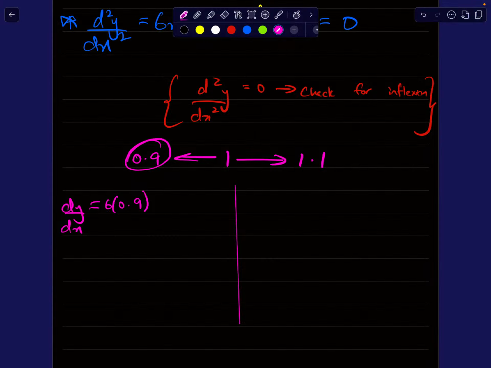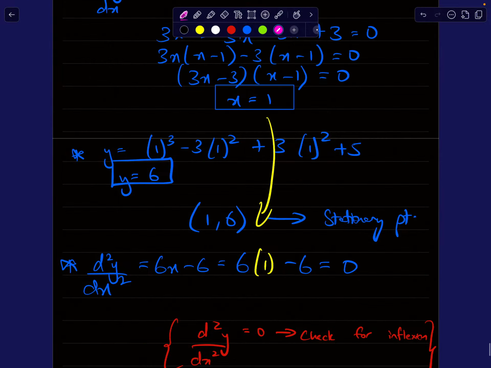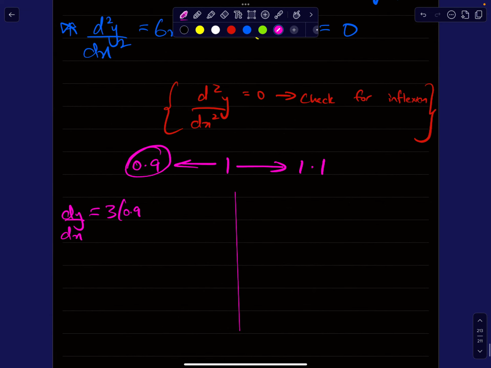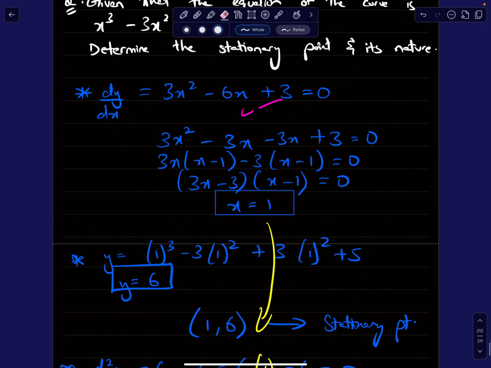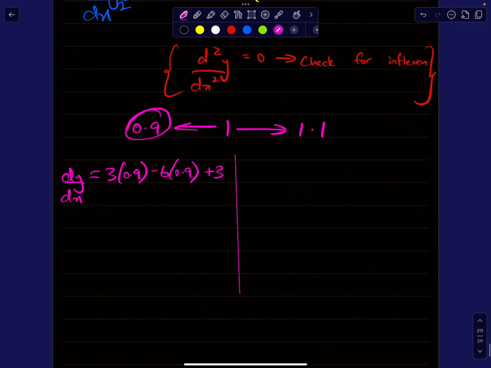So dy over dx is 3x squared minus 6x plus 3.